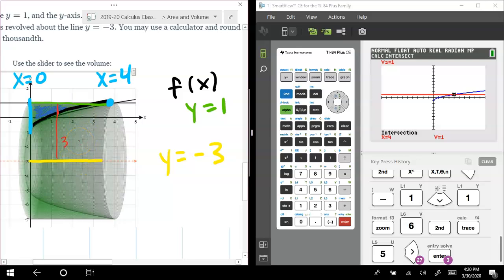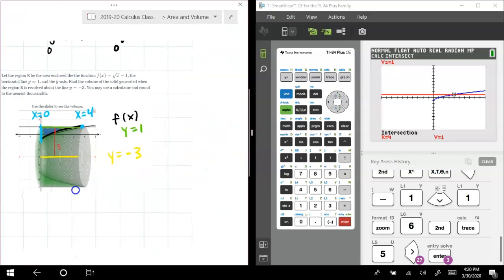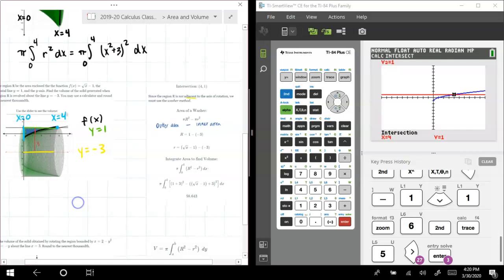Since we're going out to a straight line, the outside of this bowl will be smooth, not curved. So our outer radius is the outer minus the inner, 1 minus -3, which is 4.